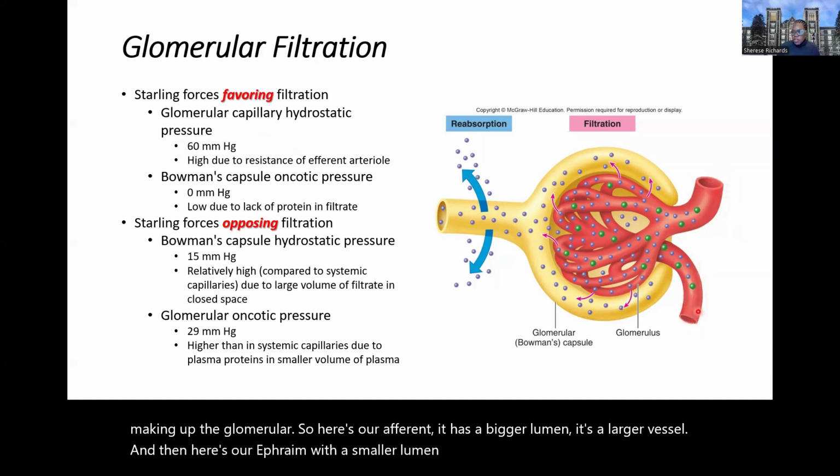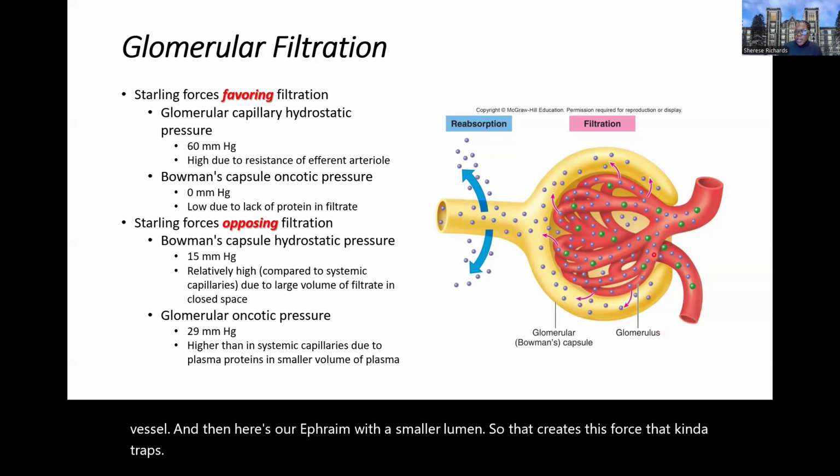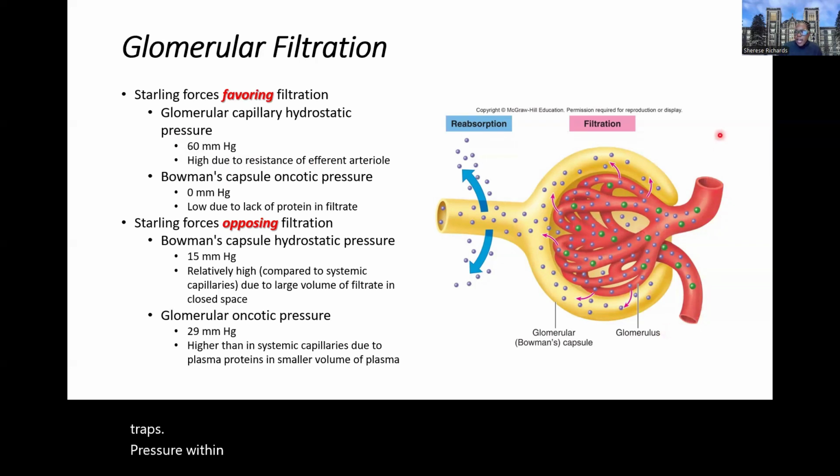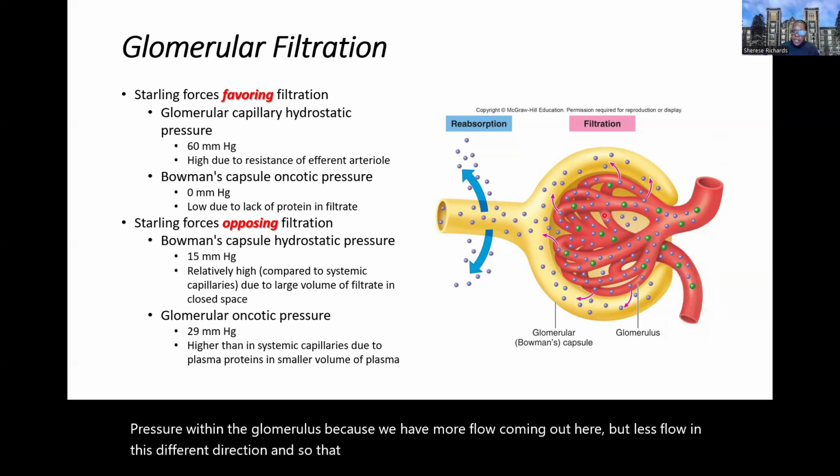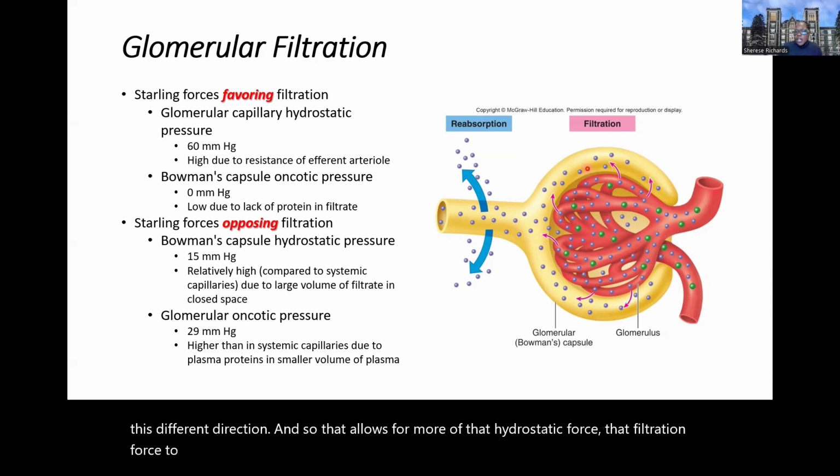So that creates this force that kind of traps pressure within the glomerulus because we have more flow coming in here, but less flow in this efferent direction. And so that allows for more of that hydrostatic force, that filtration force, to push plasma across our filtration membrane.